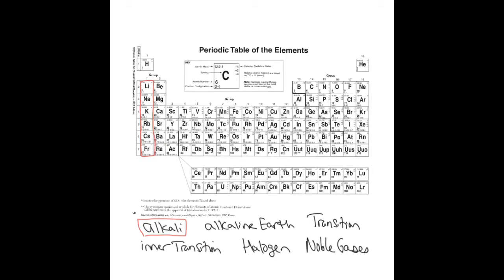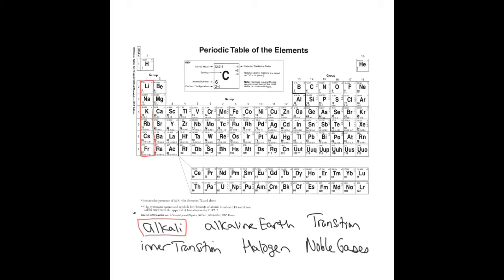So you go ahead, choose your colored pencil, box the term alkali, and then go up to the periodic table and box in the elements that belong to the alkali family.